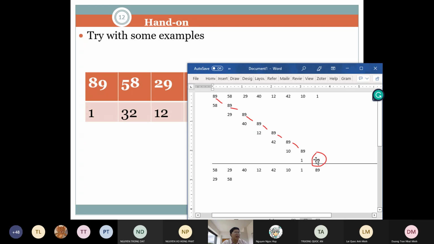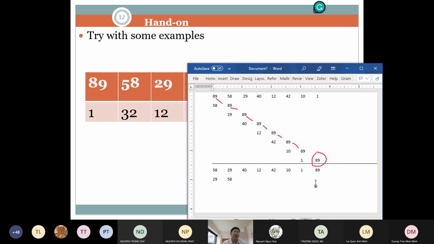Here we have 89 in the sorted position. Next time, in the second iteration, we don't need to compare the number here with 89. No reason, because it's in the sorted position. Okay. So that is the thing.